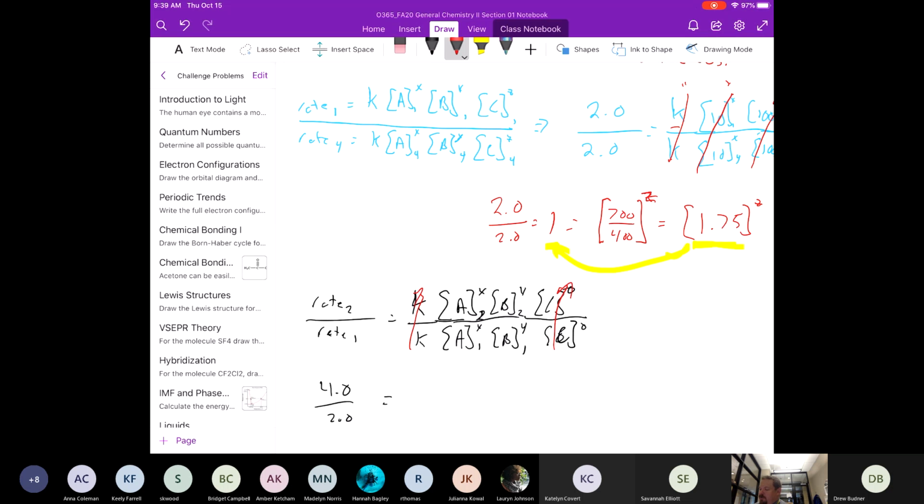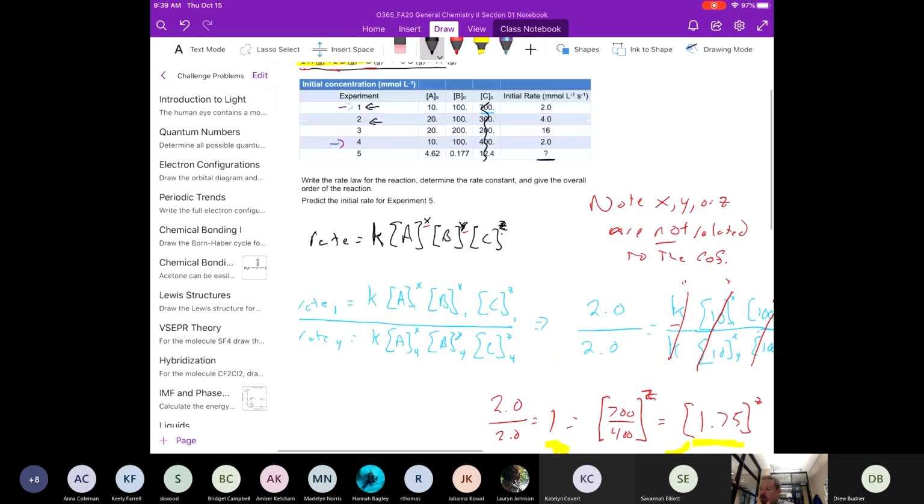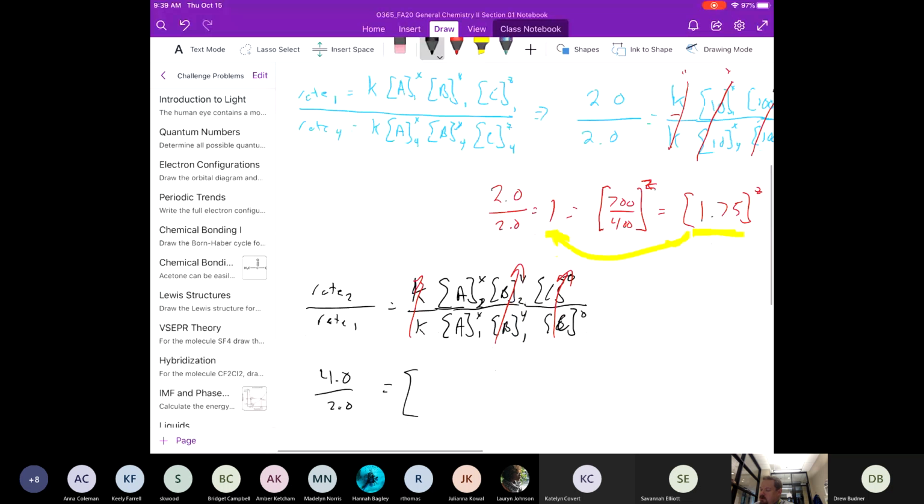So we're going to be left with the concentration of A in experiment 2 divided by A in experiment 1, which was 20 divided by 10, all raised to the x. So now we have 2 is equal to 2 raised to the x. So what do we have to raise 2 to get 2? The answer is 1.